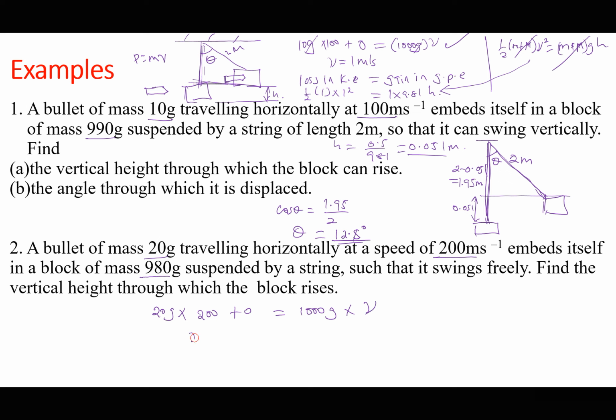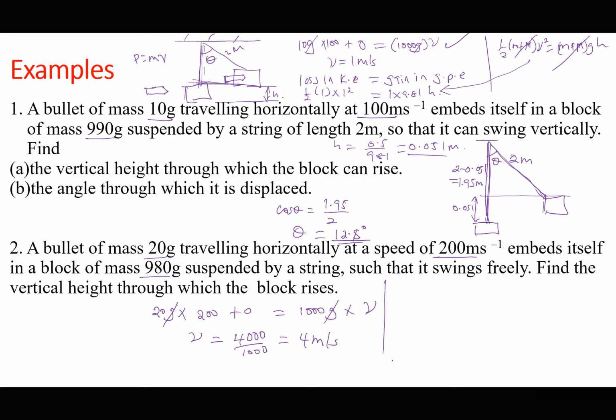So v is going to be 20 times 200, which is 4000 grams, divided by 1000. So v is going to be 4 meters per second. The grams cancel out, that's why I'm not converting. So that is the velocity with which the combined system moves.